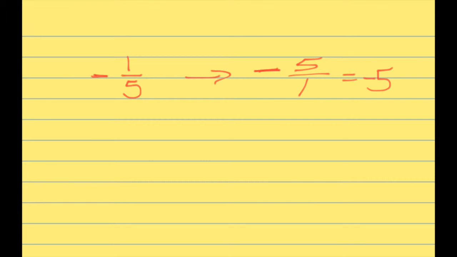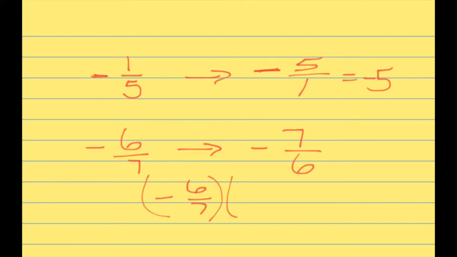And the multiplicative inverse of negative 6 over 7, since that doesn't have a numerator of 1, is going to be negative 7 over 6. And you can check because negative 6 over 7 times negative 7 over 6 will be equal to 1. So when we see division, we're going to rewrite it as a multiplication problem, and then we'll solve.